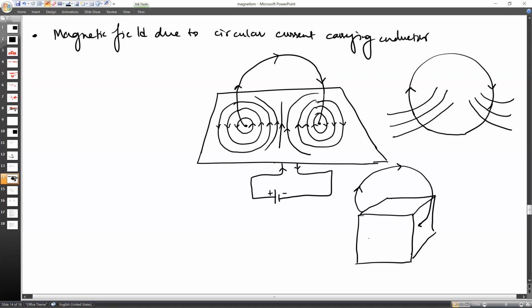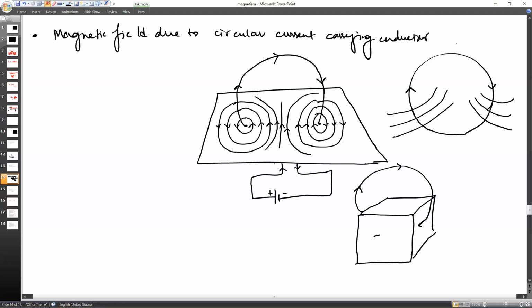On this side, on this face, will it be the south pole or the north pole? I'm just facing this side. You can imagine that in front of you on the screen, will this be a south pole, or inside the screen, will it be the south pole or north pole?